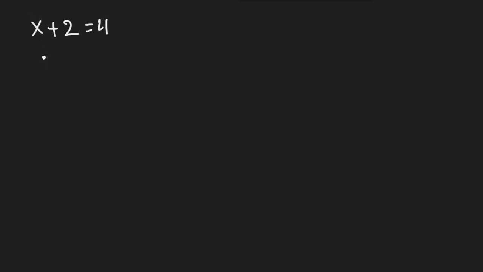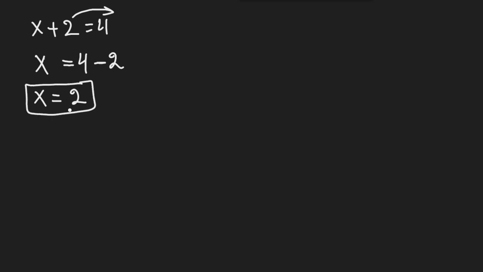Here we have x, so write x equals 4, then switch the 2 from left to right. It's positive 2, so we change it to negative 2. x equals 4 minus 2, it's 2. The answer is x equals 2.